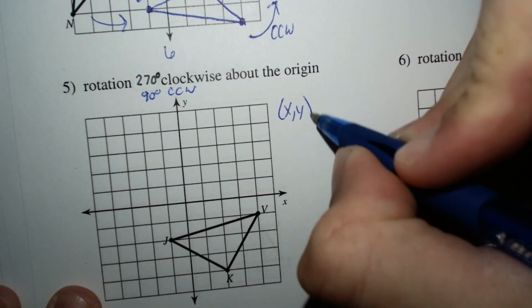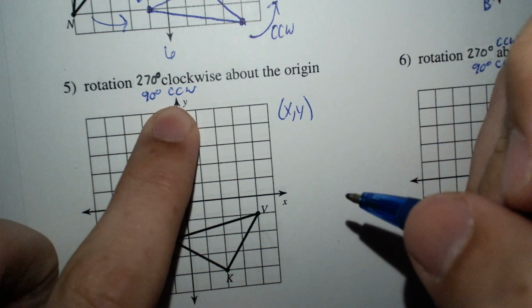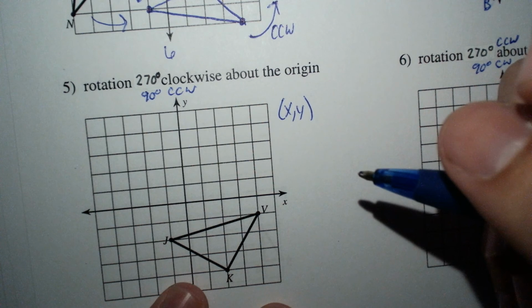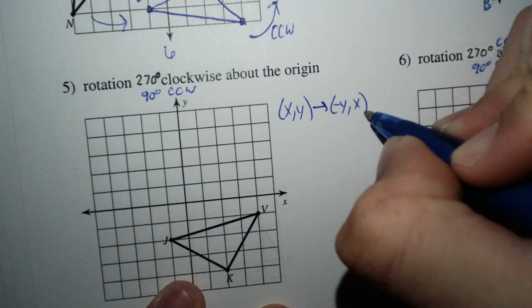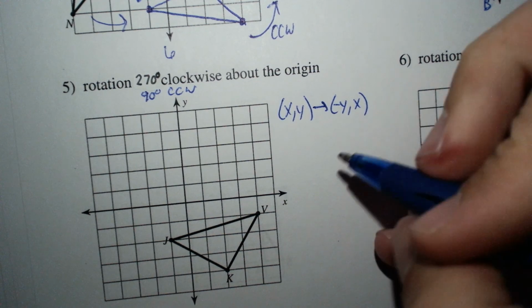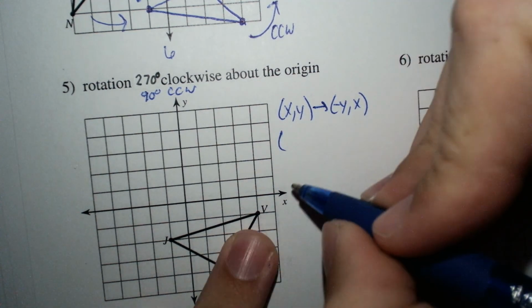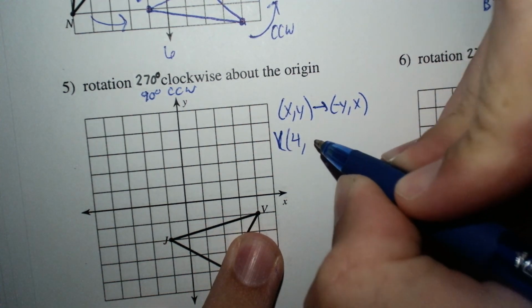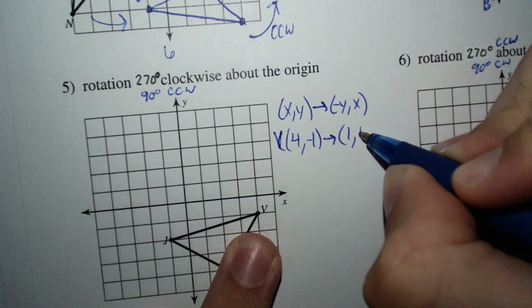We're going to go from x, y, 270 clockwise is going to be 90 degrees counterclockwise. 90 counterclockwise is negative y, x. So we are going to take V here. V is 4, negative 1, changes to 1, 4.